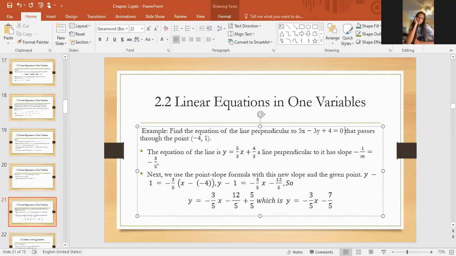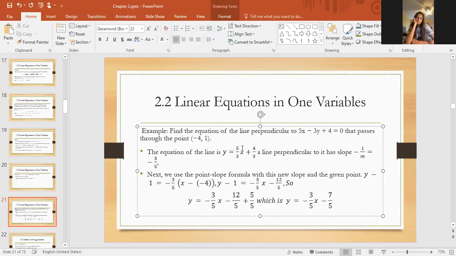The equation of the line will be transformed so that we can identify the slope and the intercept by solving for y. Instead of 5x minus 3y plus 4 equals 0, we get y equals 5 over 3 x plus 4 over 3.